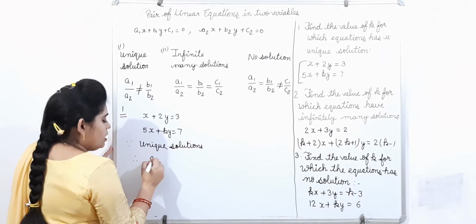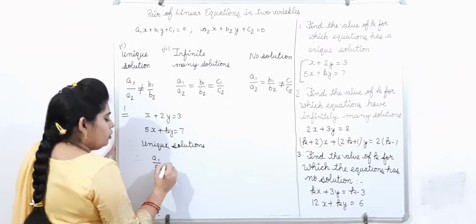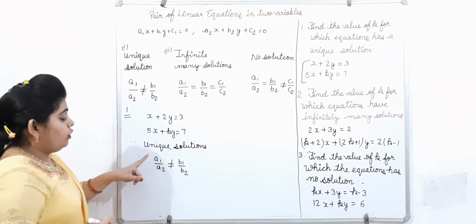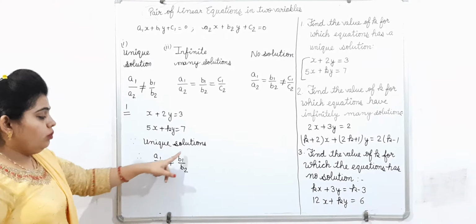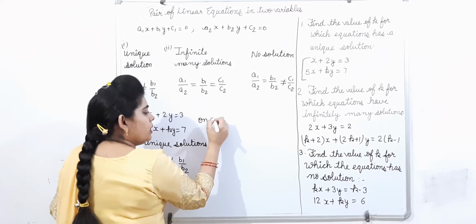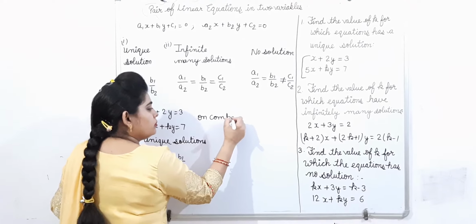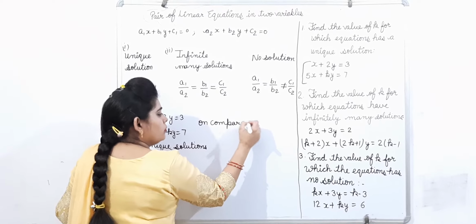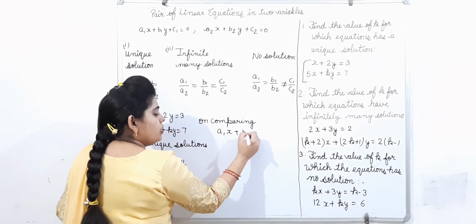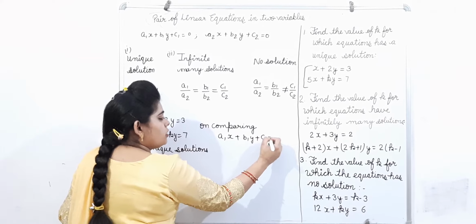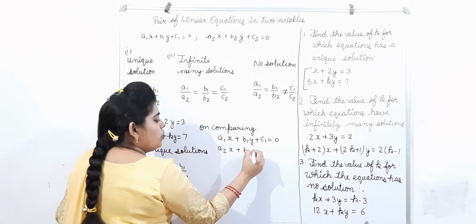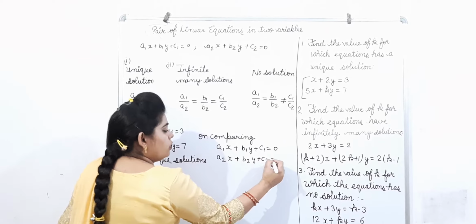So a1 by a2 is not equal to b1 by b2. Now from where will we get these a1, a2, b1 and b2? We will compare these equations with a1x plus b1y plus c1 is equal to 0 and a2x plus b2y plus c2 is equal to 0.